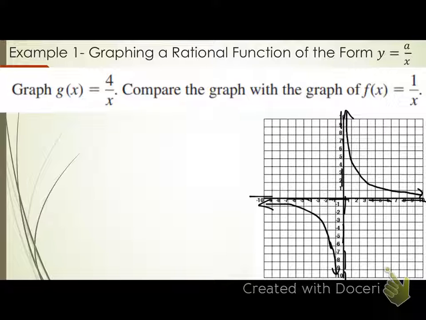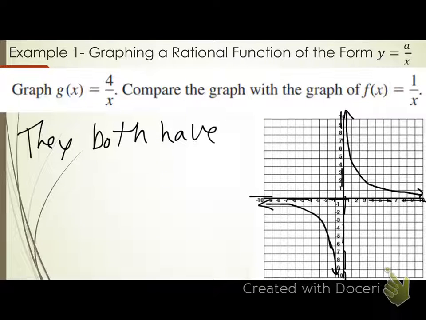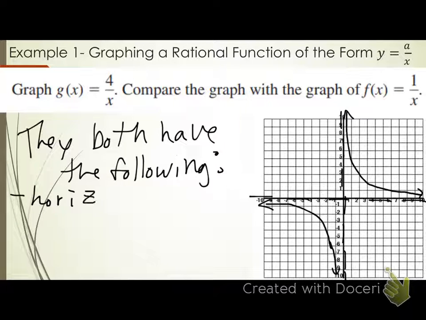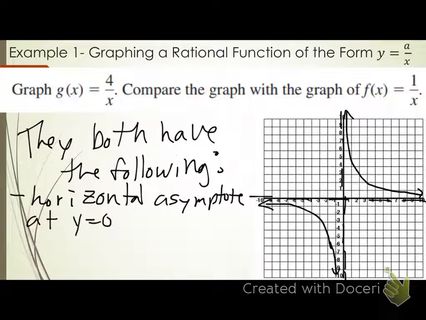I would say they both have the following. Horizontal asymptote at y equals 0.